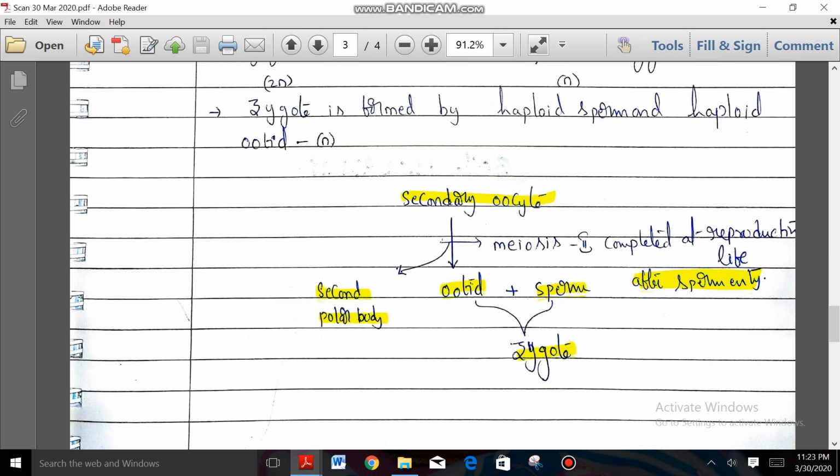The secondary oocyte undergoes meiosis 2 after the sperm entry, forming one ootid and one second polar body. The ootid fuses with the sperm, and finally the zygote is formed, right?